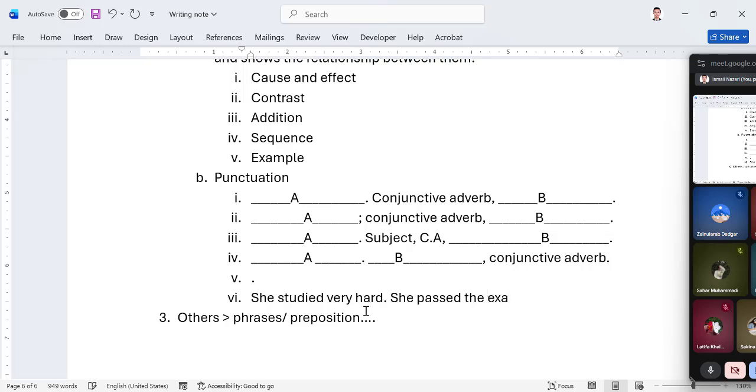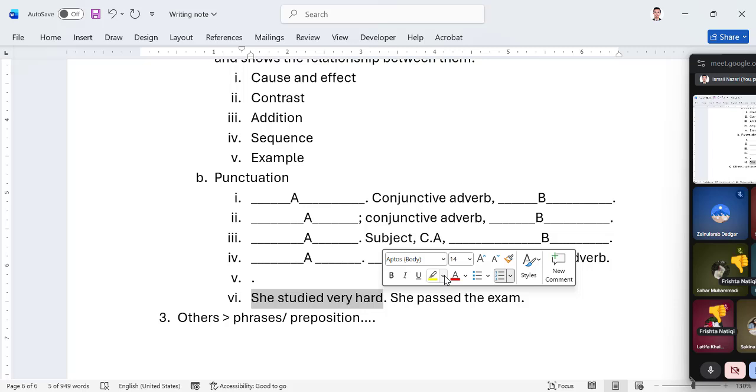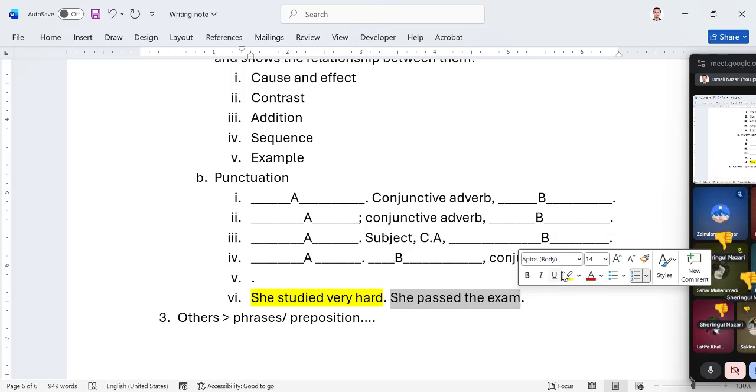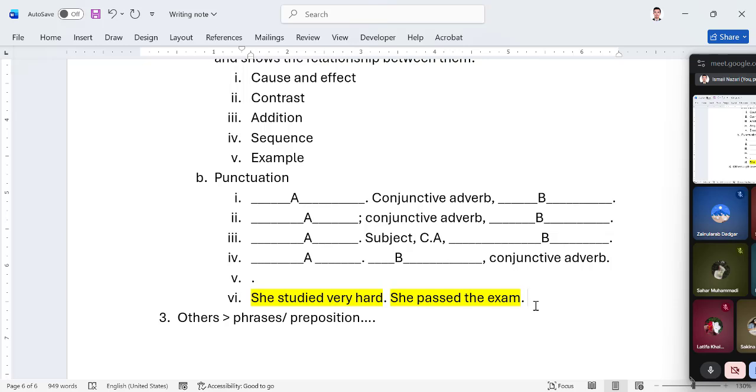So it is a simple sentence. But do we have any clear connection between sentence A and sentence B? We don't have any specific connection between the two. So there are two simple sentences or complete ideas, but we don't have any connection.